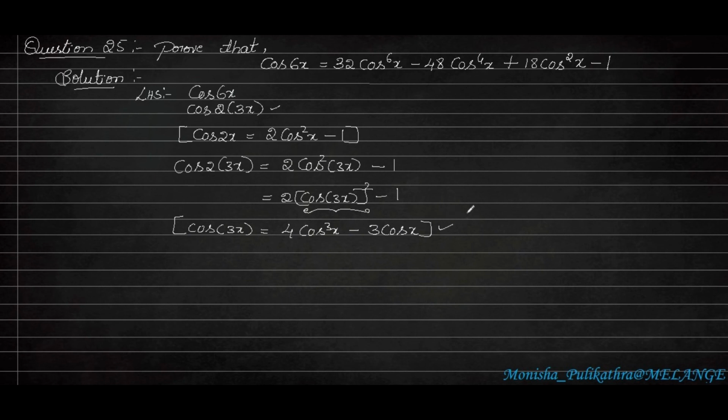First one is cos 3x formula and the other one is cos 2x formula. So we need to apply cos 3x formula to this step. So it will become 2 into 4 cos cube x minus 3 cos x whole square, and you have to include this minus 1 also.